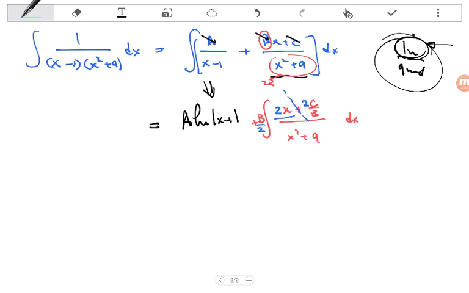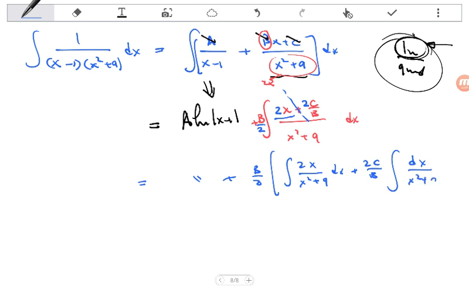Now I separate the fraction here. So it will be 2 integrals: b over 2 multiplied by the integral of 2x over x squared plus 9, plus the other integral, which is 2c over b, the integral of dx over x squared plus 9.